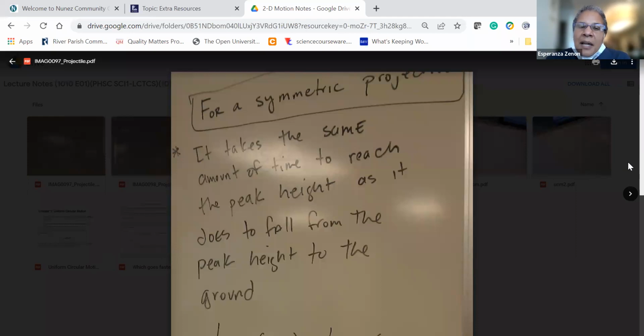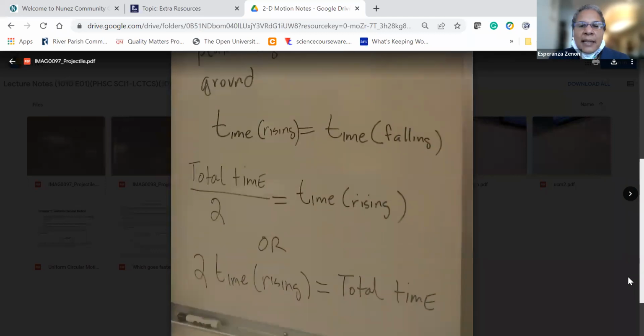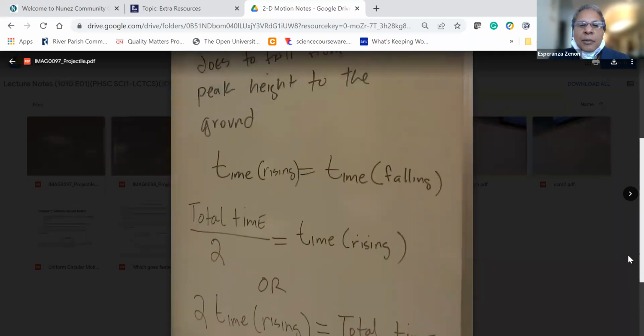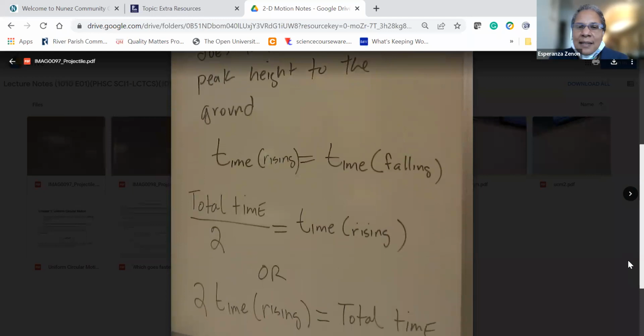So it takes the same amount of time going up and coming down. And that's because its path is symmetric, meaning it starts and stops at the same height.